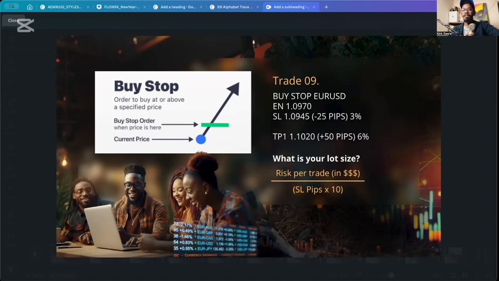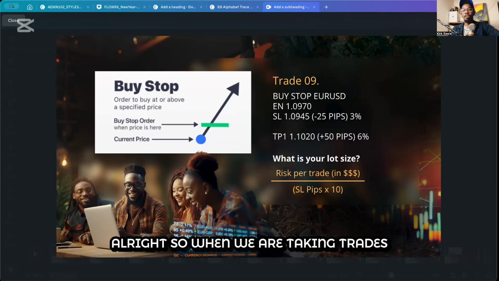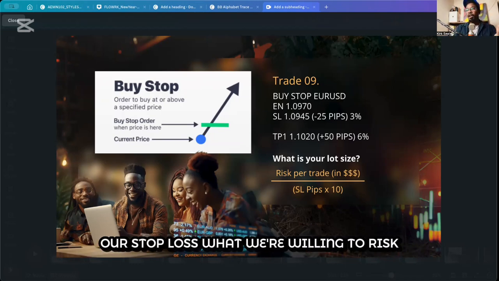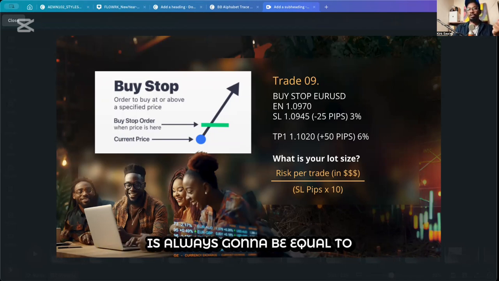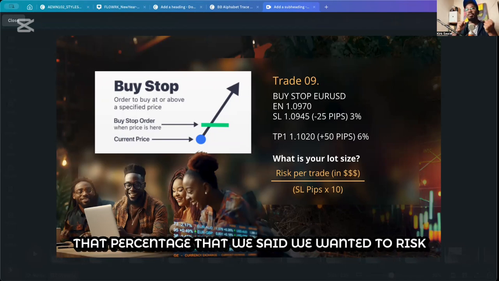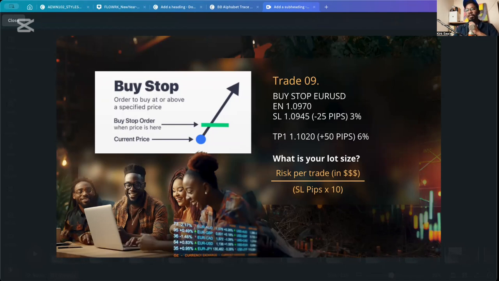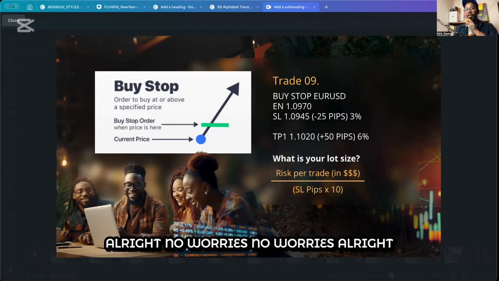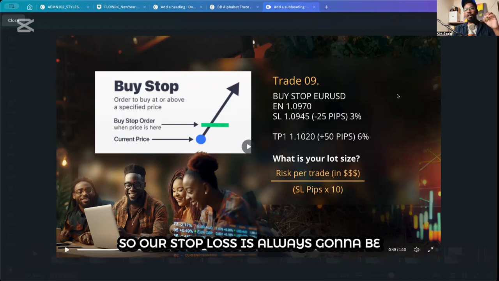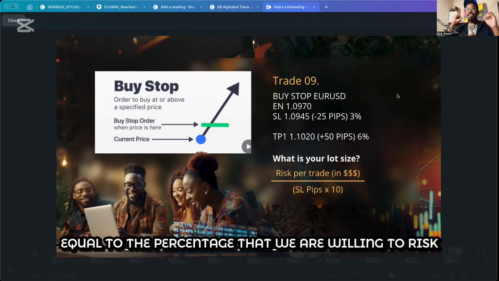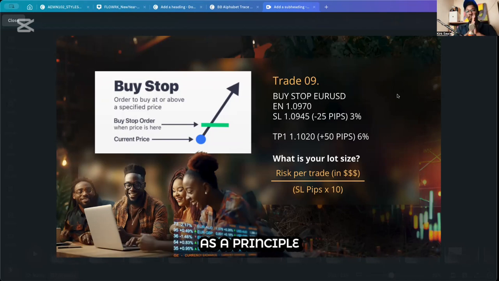All right. So when we are taking trades, our stop loss, what we're willing to risk, is always going to be equal to that percentage that we said we wanted to risk. So our stop loss is always going to be equal to the percentage that we're willing to risk as a principle.